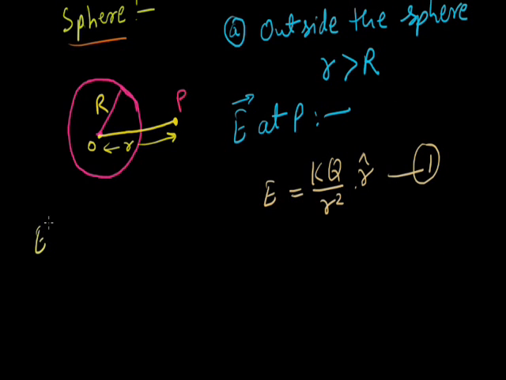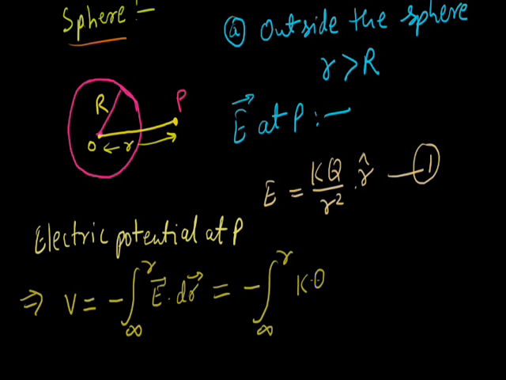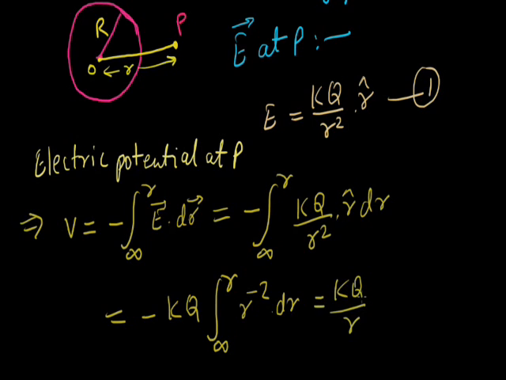So the electric potential at P will be V equal to minus integration from infinity to r of E dot dr. This will be minus integration from infinity to r of KQ upon r square r cap dr. So we get minus KQ integration from infinity to r of r to the power minus 2 dr, and that will come to KQ by r.